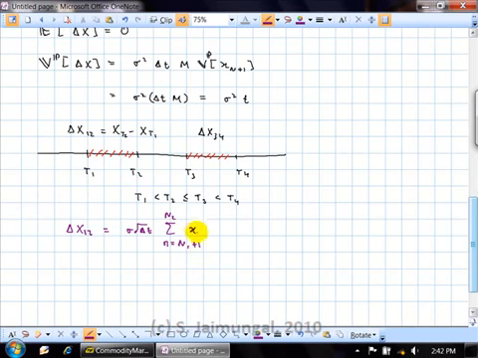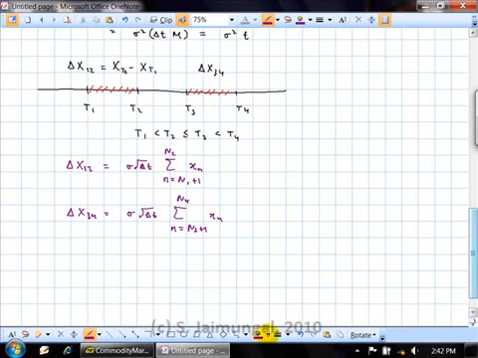And delta x34 would obviously be this summed from n equals n3 plus 1 up to n4 of little xn. So the little x's that appear here and that appear here, there's no overlap.